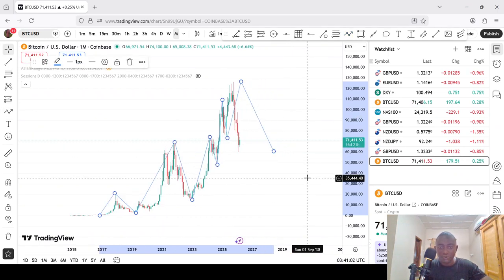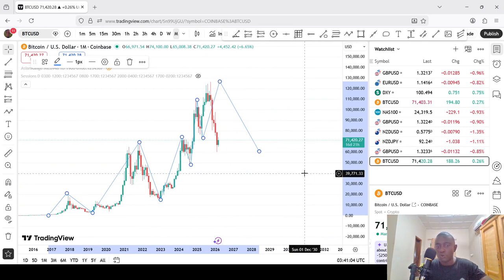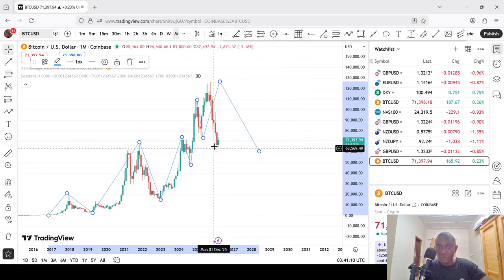Because we want to simplify the charts and make our analysis simple, once we know the key areas, you just mark them, then you focus on that zone. You understand? So here I just want to mark those points.